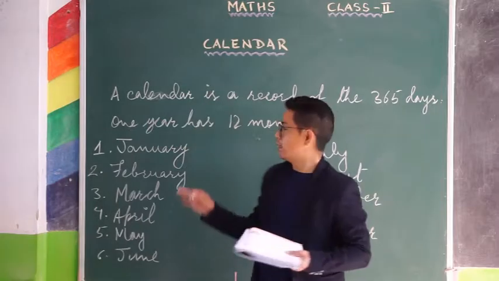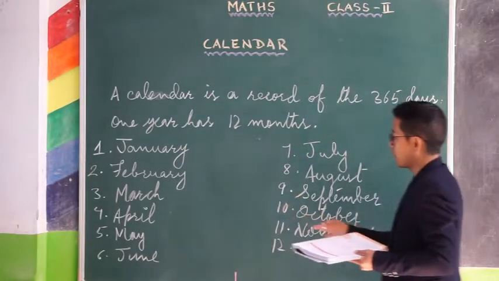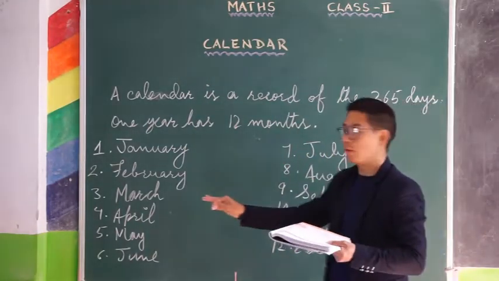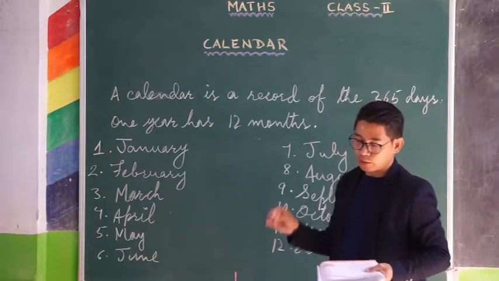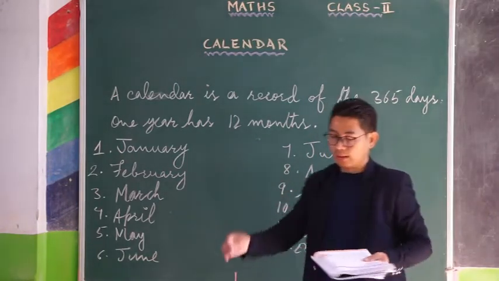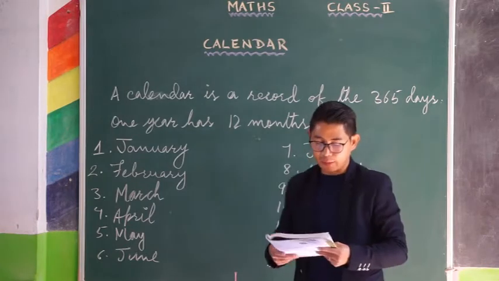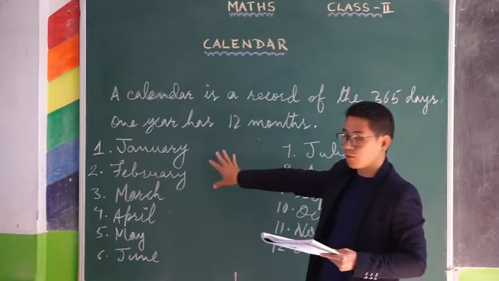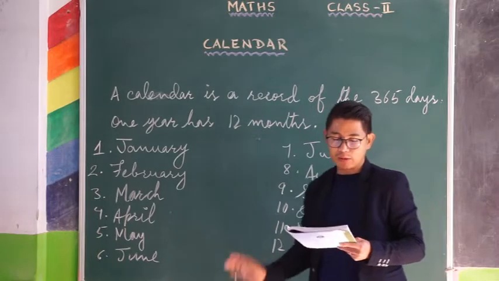Since you have already learned the months' names and their spellings in the junior classes, I don't have to go in a lengthy process. So these are the 12 months' names, okay?